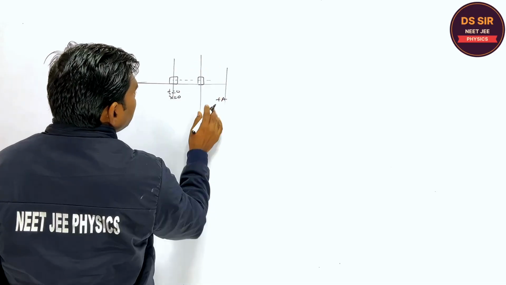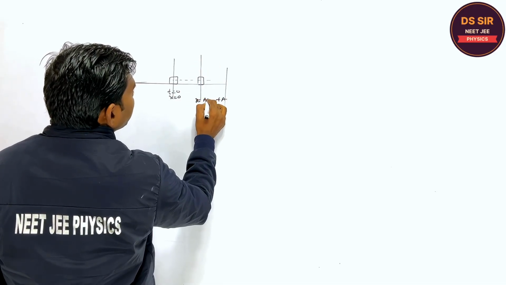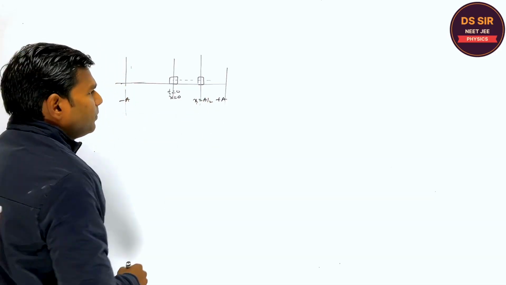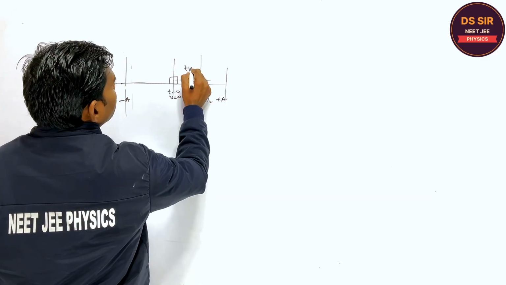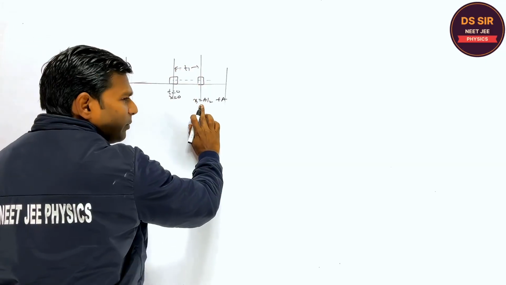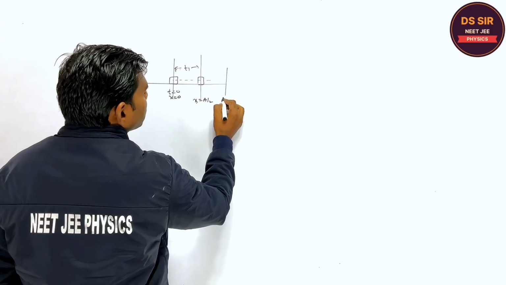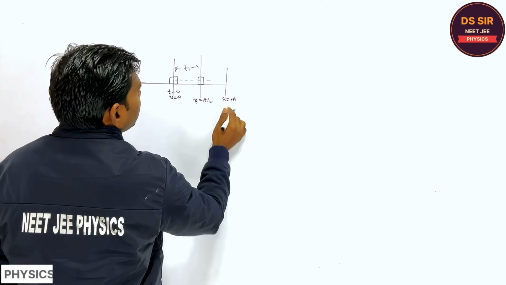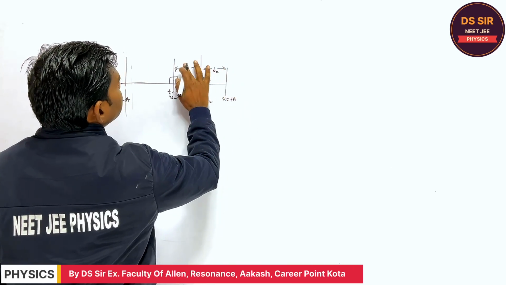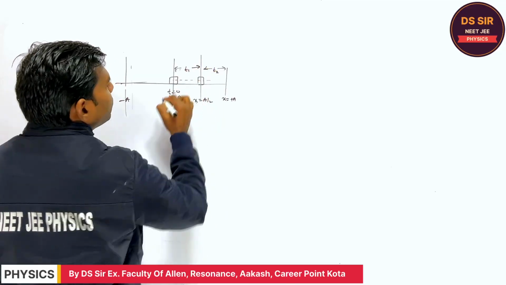So when the particle reaches x is equal to a by 2, from mean position to half of its amplitude, the time is supposed to be t1, right? And from half amplitude to the extreme position, plus a, the time taken is, suppose, t2. Are you getting or not?